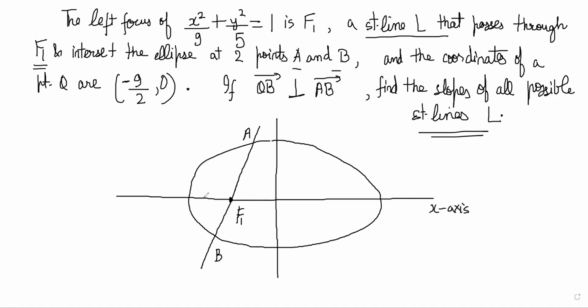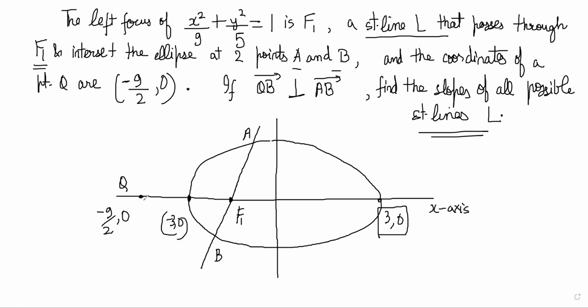There is a point -9/2, 0. And you will notice that -9/2, 0 is outside. This is the point Q, because this point on the ellipse is -3, 0, and this point is +3, 0. Because a square for the ellipse is 9, so a is equal to 3, so this is -3, 0, and this is 3, 0.